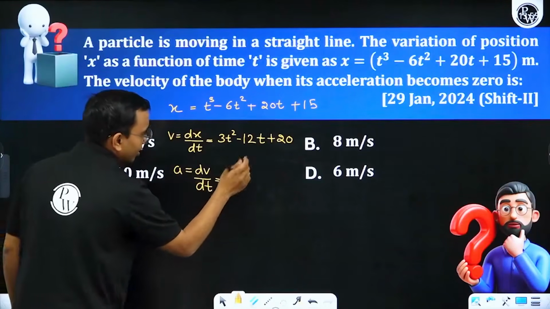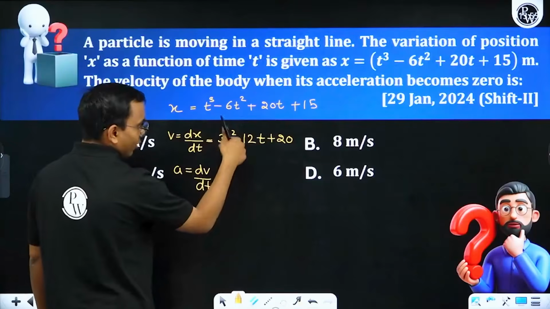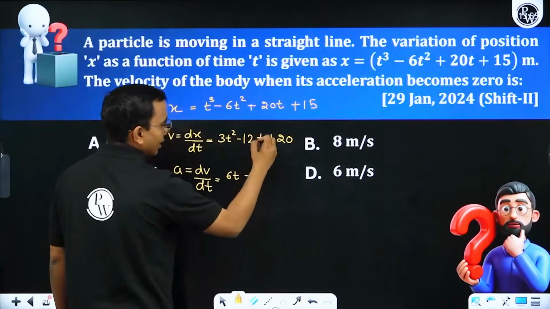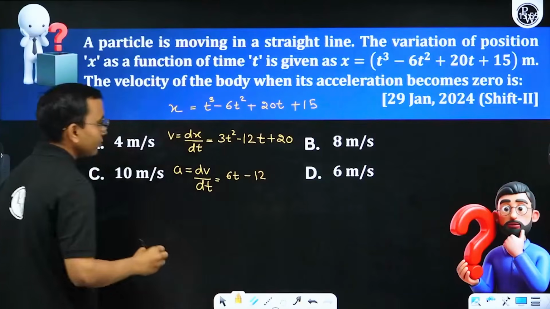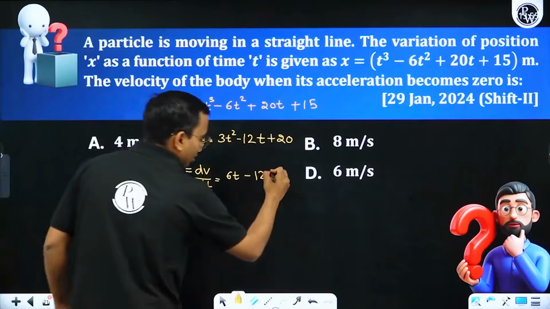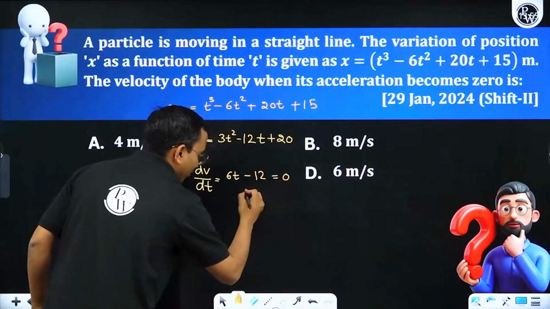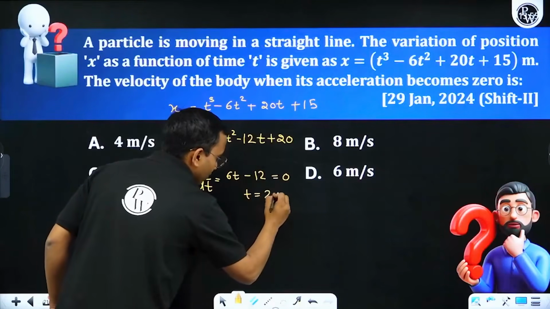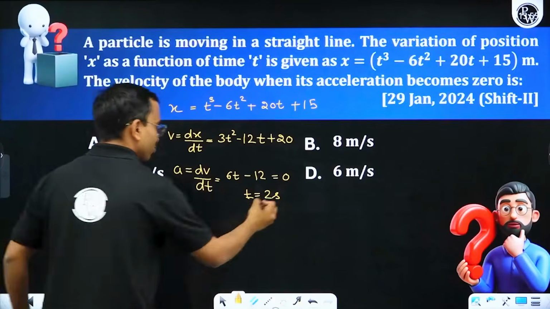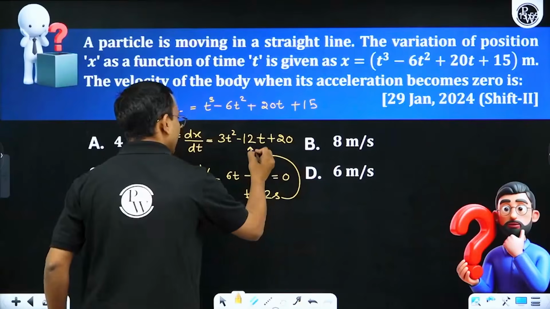Now differentiate this expression. 3t square, t square differentiation is 2t, so 6t, minus 12t differentiation is 12. Now here it is saying when acceleration becomes 0, put acceleration as 0. What is your time from here? 2 seconds. It means you need to find velocity at 2 seconds. Put 2 seconds in this expression.